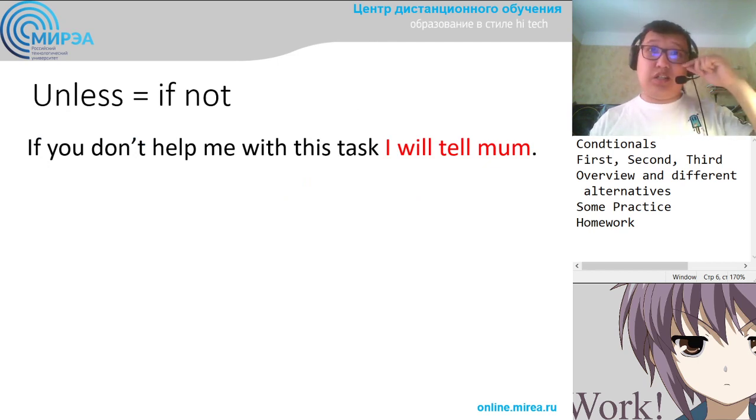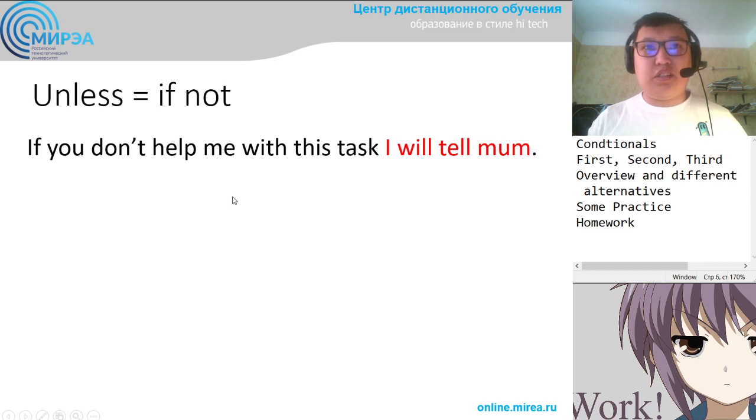Unless is also an alternative for if, but it's not just for if, it's for if and the negative part, if not. So let's consider the sentence: if you don't help me with this task, I will tell mom. So you can see we have negative verb here, don't help, so do not help.